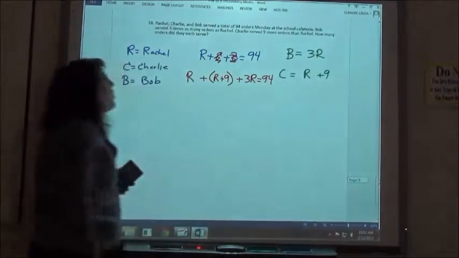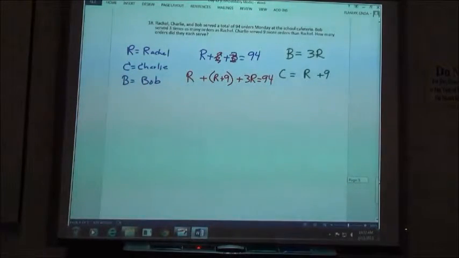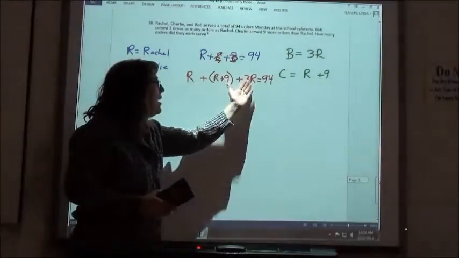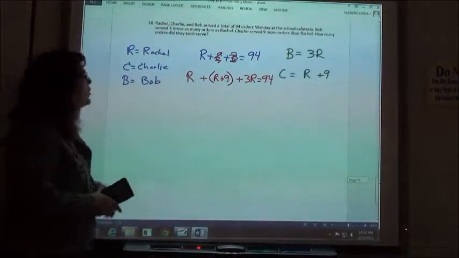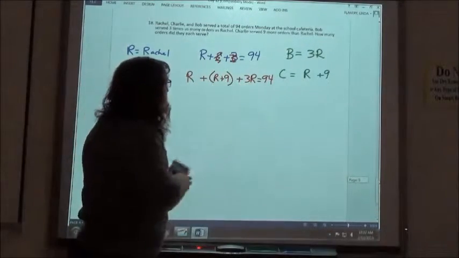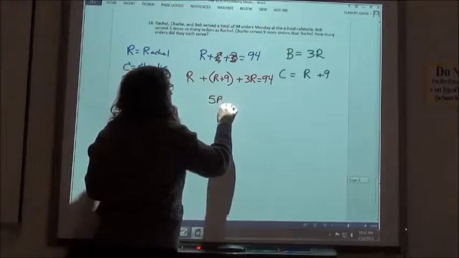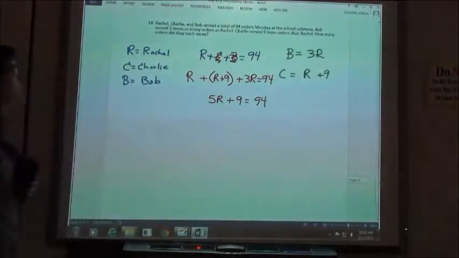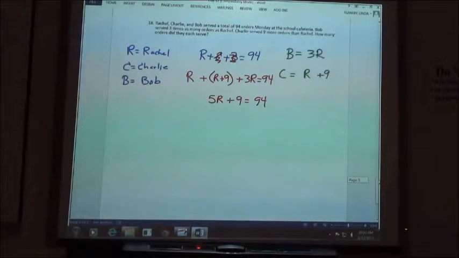We know the total of all 3 of those people should be 94. So Rachel, Charlie's, Bob's. Adding their like terms. R plus R is 2R. 2R plus 3R is 5R. 5R plus 9 equals 94 then for our equation.